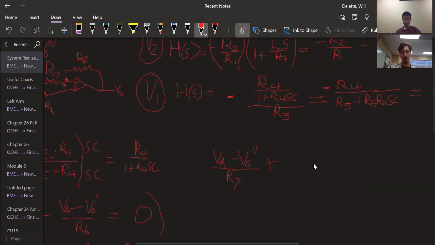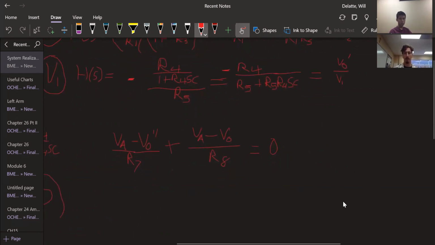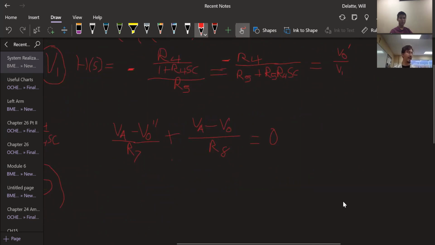And then we're going to add, my bad there, VA again, minus V out over R8 equals 0. So this innocent looking equation here is going to start getting really fun. And that's mostly because we're going to have to do a little bit of rearranging as we did earlier, with our like terms of R7 and R8.